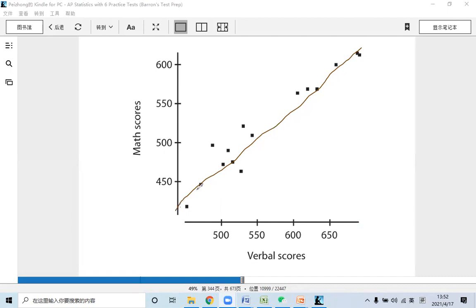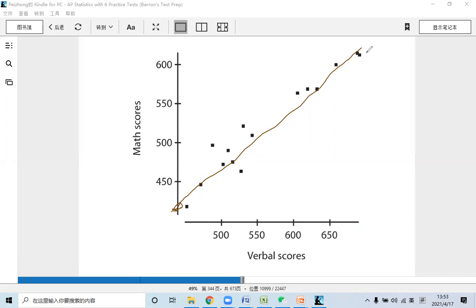How steep is the slope? And then it would also have an intercept. The intercept is here. That is when the predictor variable, verbal score, is 0, what would be your predicted math score? That'd be the intercept.